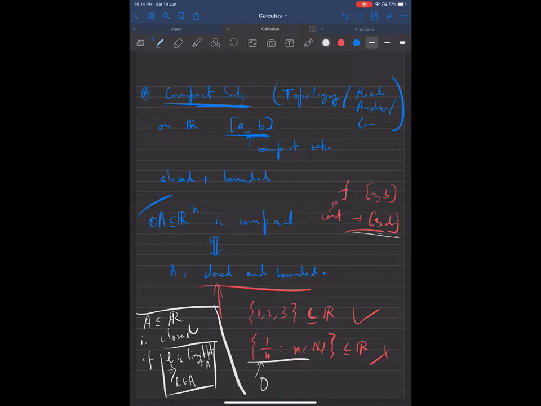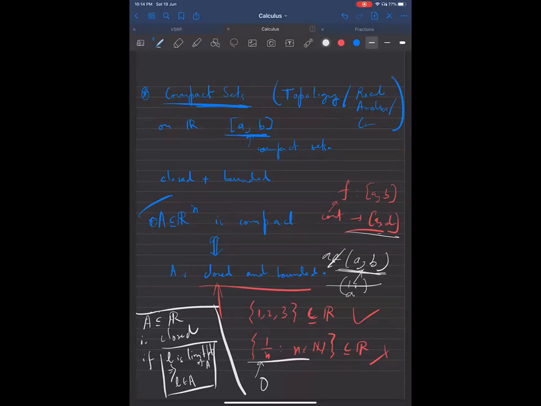Closed intervals are closed. Open intervals are not closed, because a and b are both limit points. a is not a member of the set, but still a is a limit point of the set. Any neighborhood around a will have some point of this interval, right? You can't take any neighborhood around a which is free of the whole set.